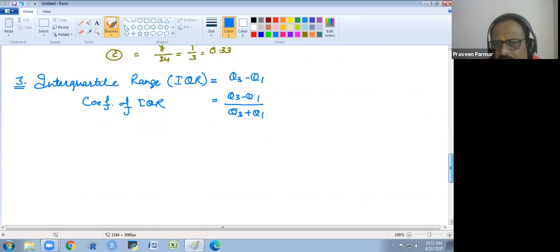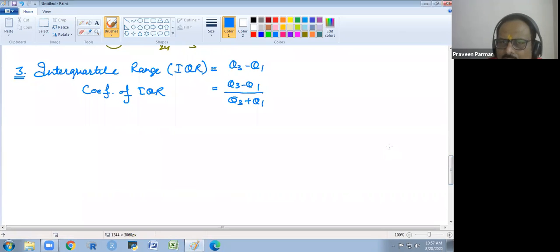In the previous case, we got the coefficient of range of the salary of the employees.